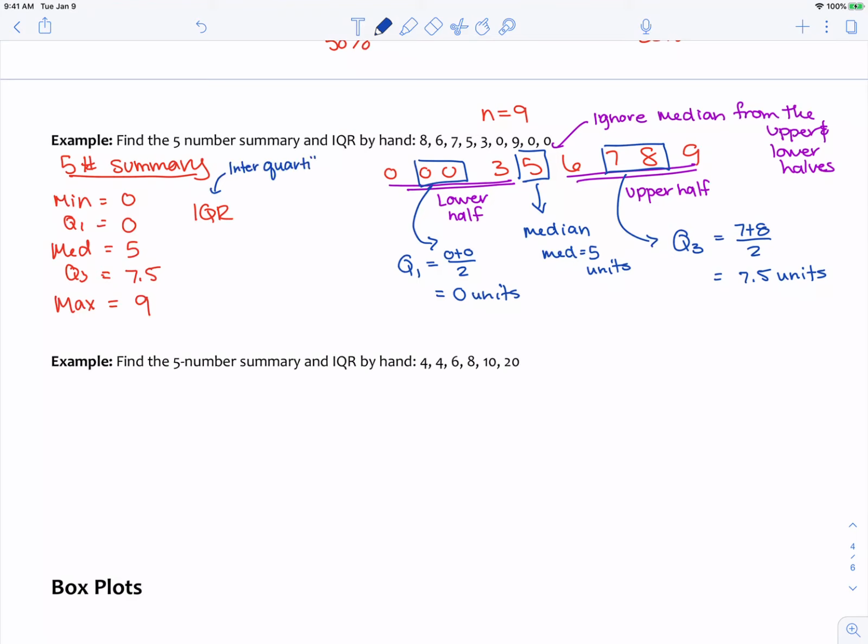Interquartile range. So it's the middle quarters, so the middle 50%, and range is just talking about the width of the middle 50%. In other words, this is the width of the middle 50% of the data.